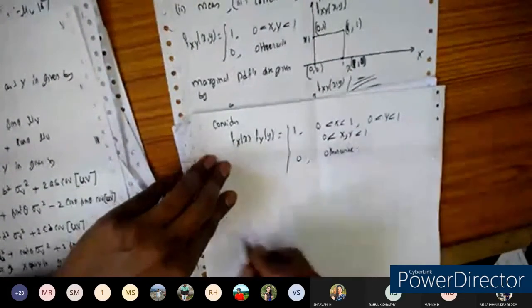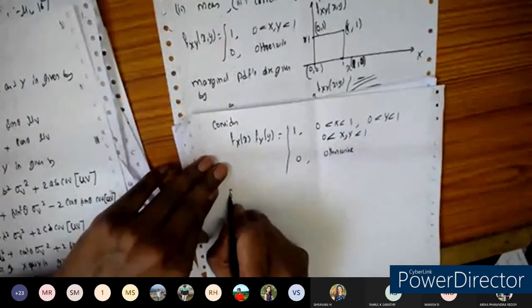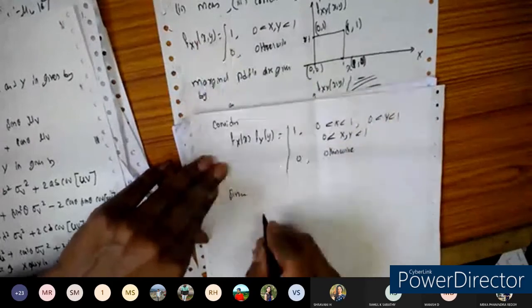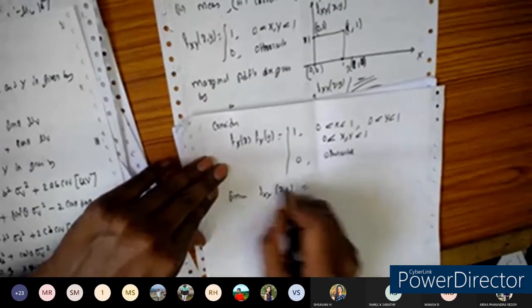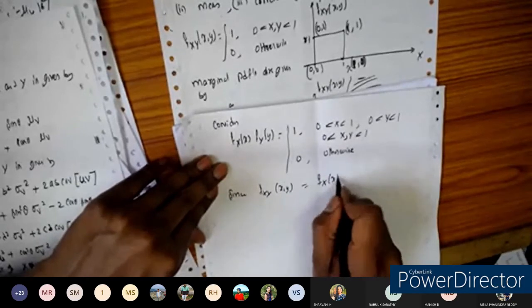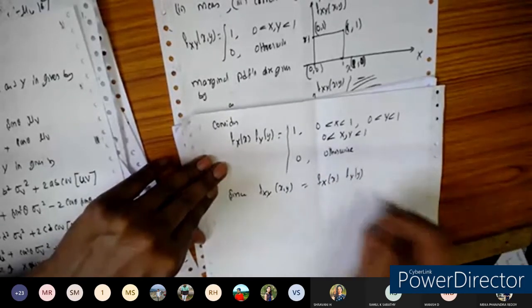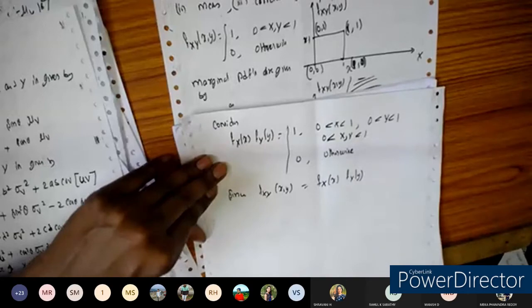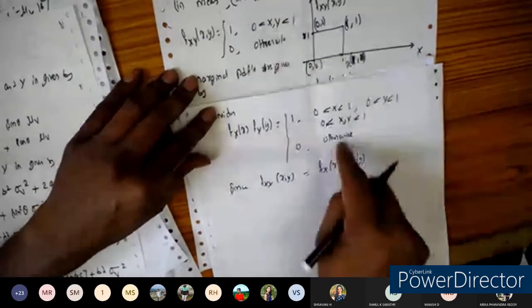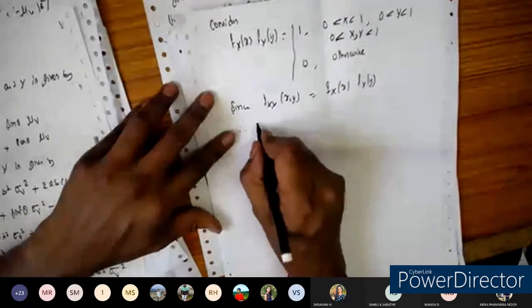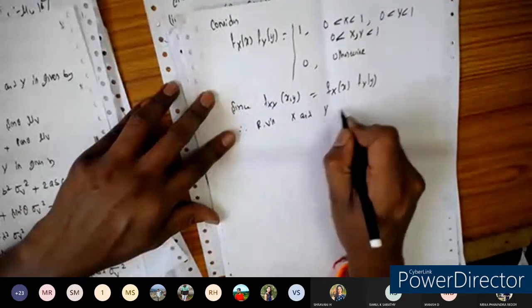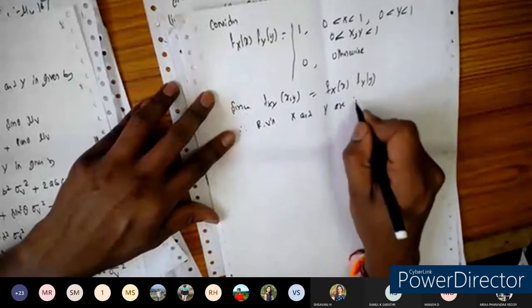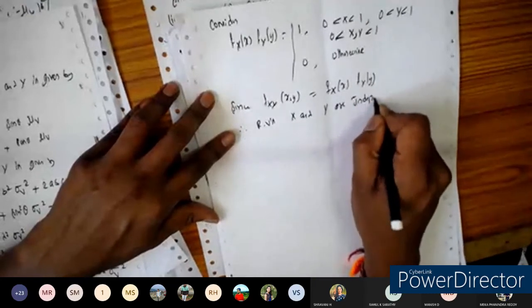So you can say that since fxy of x comma y is equal to the product of fx of x and fy of y, if you compare this one with this one, the random variables x and y are independent random variables here.